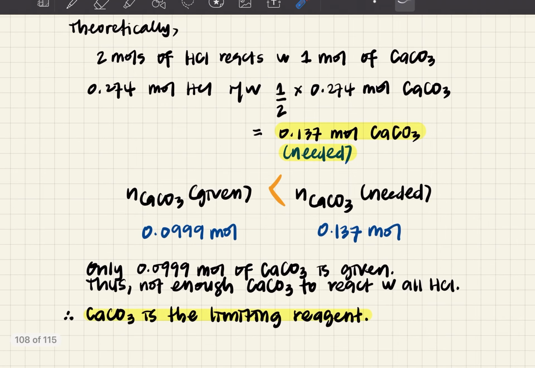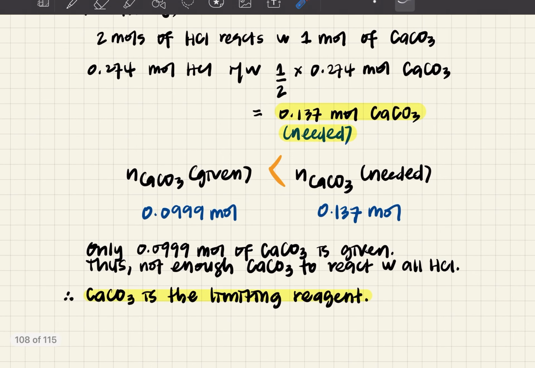So dari situ kita tahu the moles of calcium carbonate given, yang kita ada dalam tangan kita contohnya, is less than the moles of calcium carbonate that we need. So that means the calcium carbonate is your limiting reagent or limiting reactant, sebab kita tak cukup daripada yang kita perlukan.